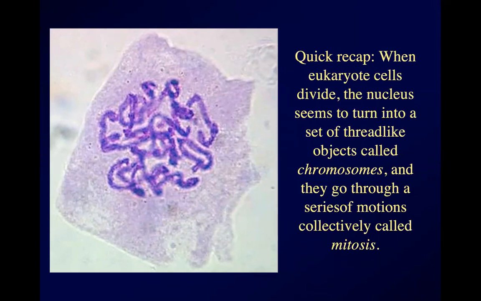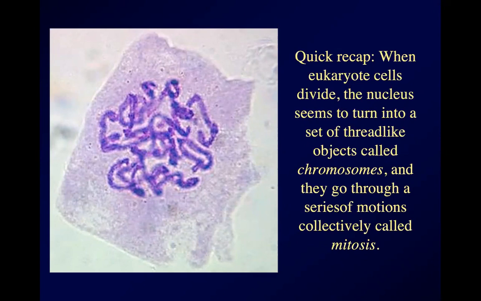And we went over the stages of mitosis. When a cell is not in cell division, we say it's in interphase. Then in prophase, the chromosomes appear. In metaphase, they line up in the middle on the equator of the cell. In anaphase, they separate and move to opposite ends of the cell.